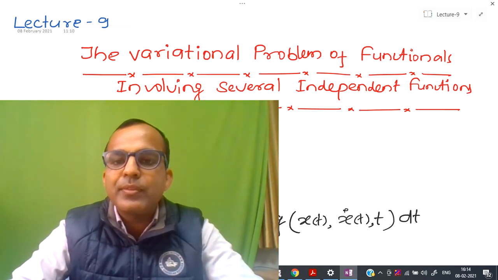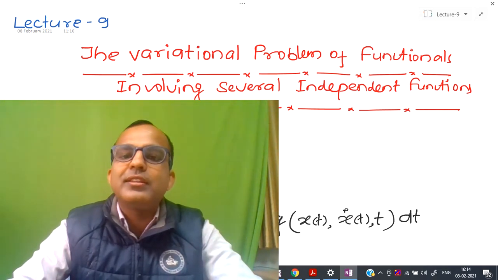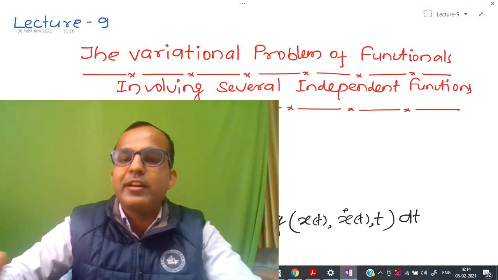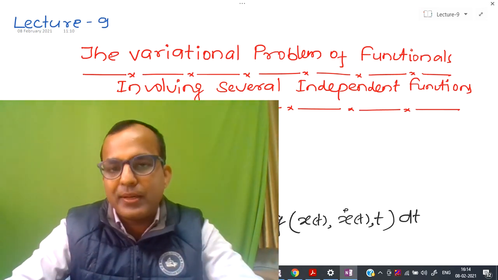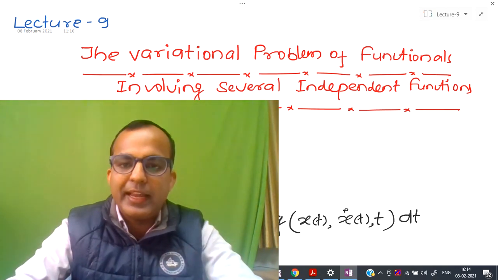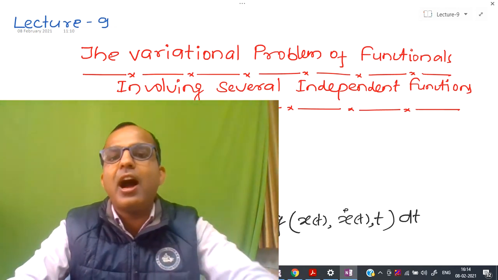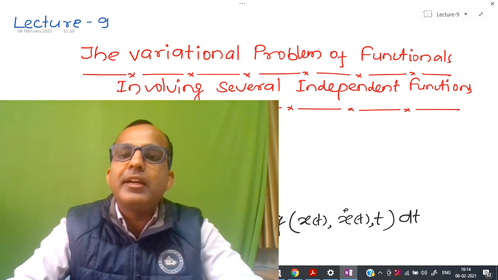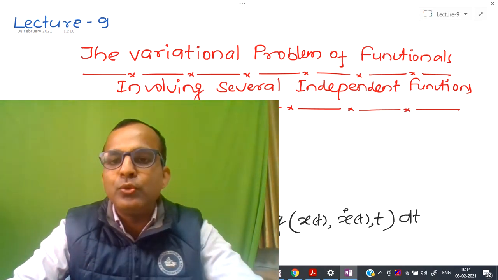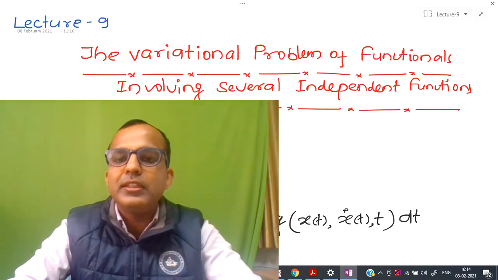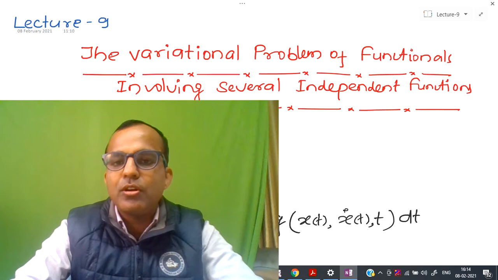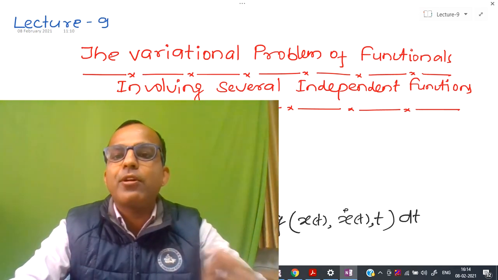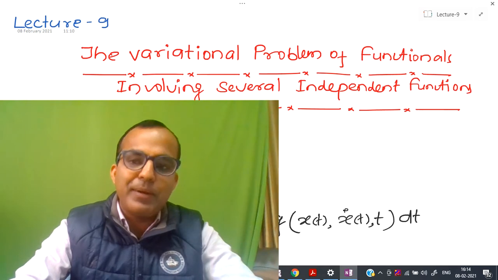So I am not going to talk about how to calculate the increment with respect to each independent function, how to collect the variation, and then apply the fundamental lemma of the calculus of variations. I am just going to tell you the story, meaning the extension when we have a functional that involves several independent functions.